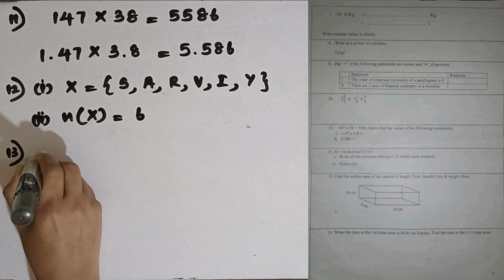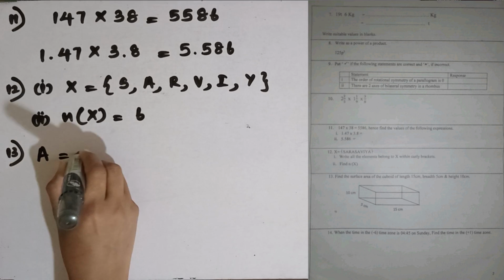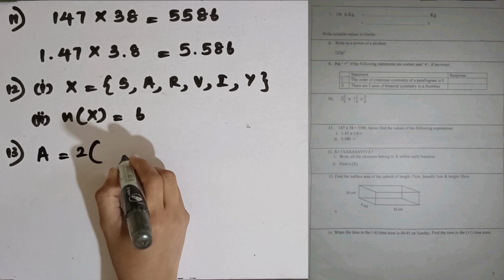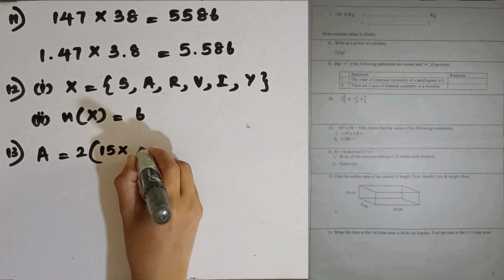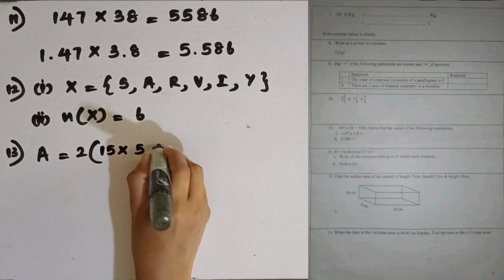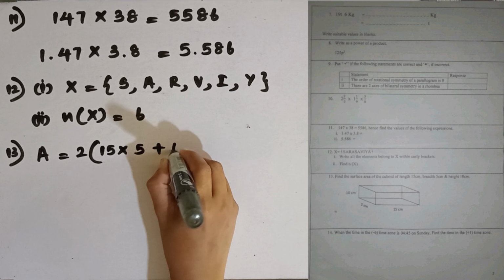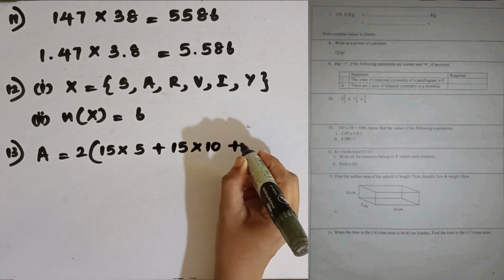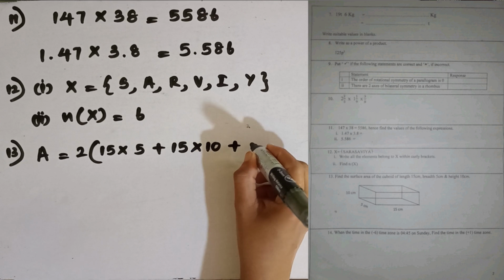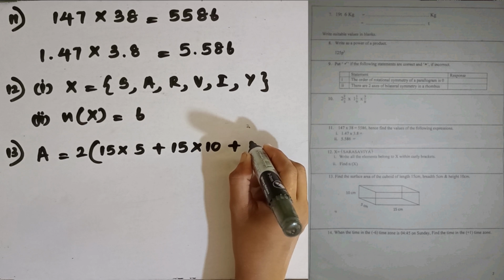So we can find the surface area by multiplying like this 2 times, then length into breadth, 15 multiplied by 5, plus length into height, 15 multiplied by 10, plus the other one, 5 multiplied by 10, breadth into height.